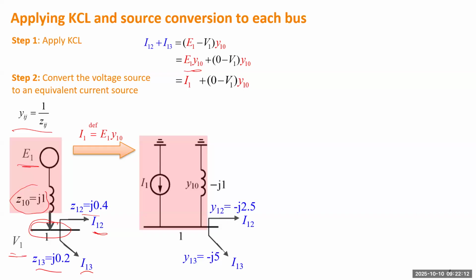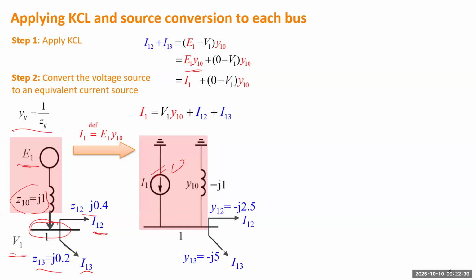So we can treat this one as our standard model for every bus. For any bus, if that bus doesn't have a source, we just simply treat this one to be 0, right? If it does have a source, we just give it I1. Then we can write down a standard equation.